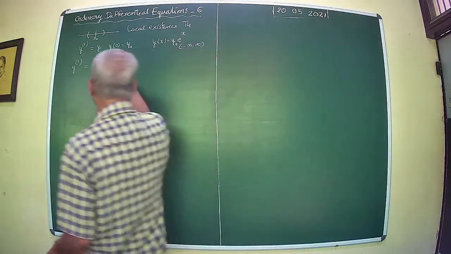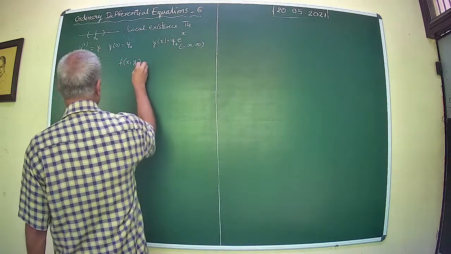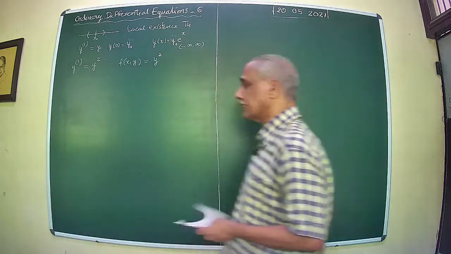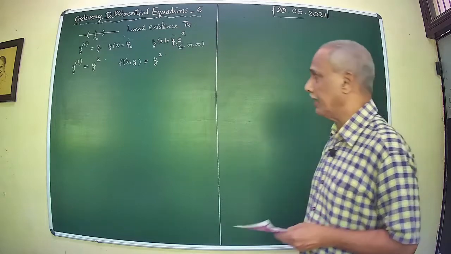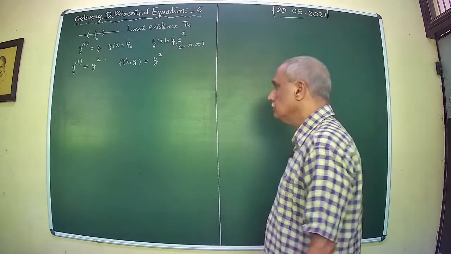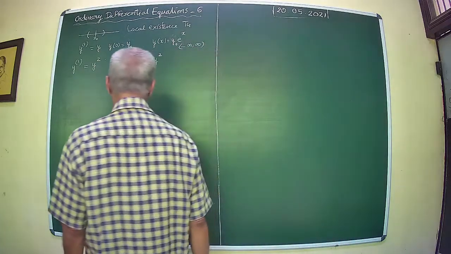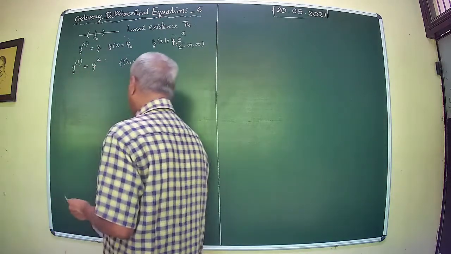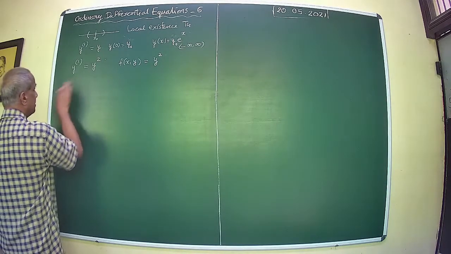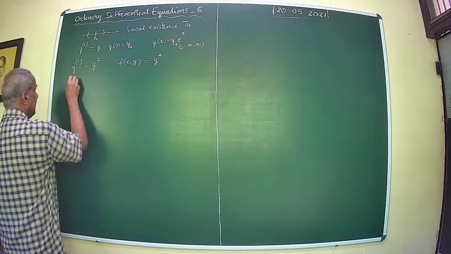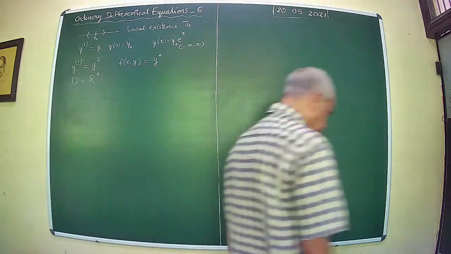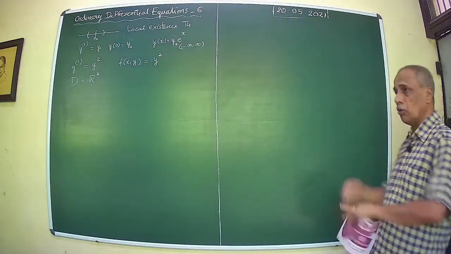So your f of x, y does not depend on x explicitly, but depends only on y, and its dependence is given by y square. So the problem is defined. Now you see that the domain D you have in this case is R2, so the whole of R2 is defined.